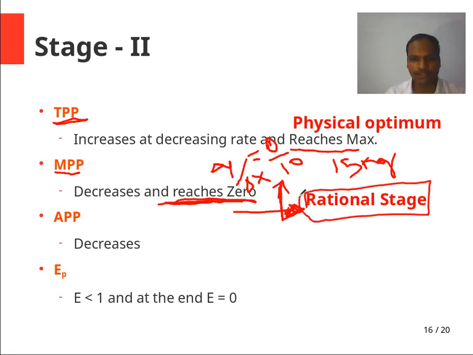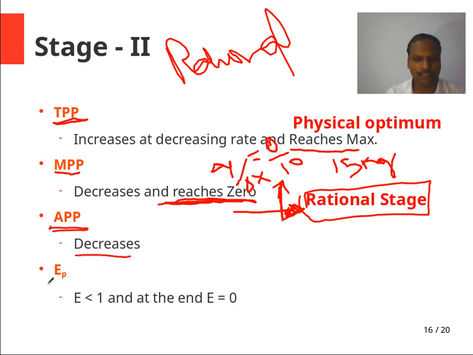So the stage 2 is called as rational stage. And then APP, it decreases. When we say about elasticity of production, it is less than 1 and at the end it reaches 0. So as we have seen in the graph.